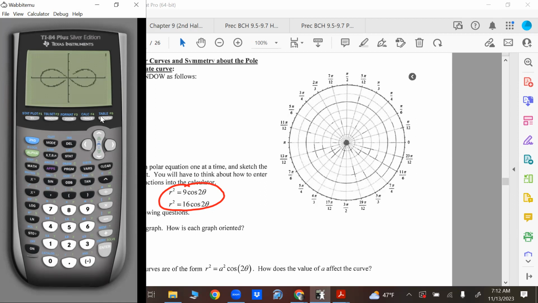So it looks kind of like a dumbbell in a way, if that makes sense. And then if I do an adjustment to the other one, let's make that 16.